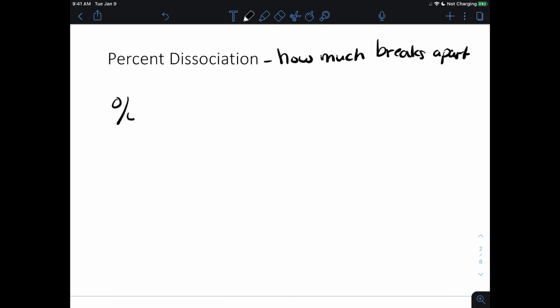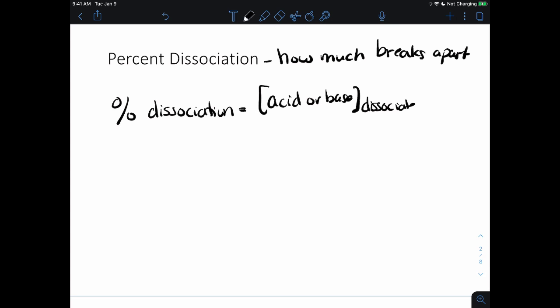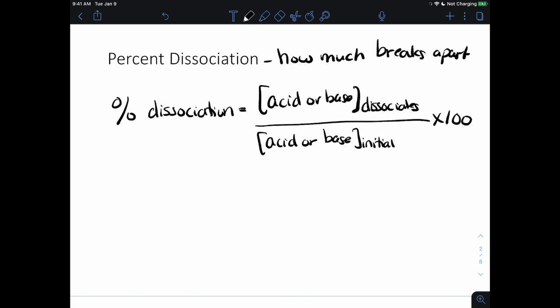So the definition of the percent dissociation is the concentration of either the acid or the base that dissociates, over the concentration of the acid or the base that you had initially, and then times 100 for a percent. So how much falls apart? And usually we're talking about very small amounts, a few percent, because they're weak acids and weak bases.